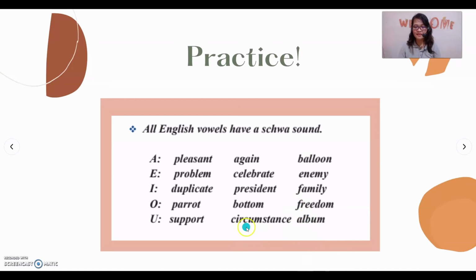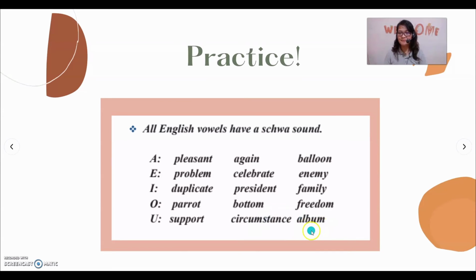Circumstance. So the first syllable is the stressed one. You could play around with it, like you could say circumstance in different ways. Next is album. We don't say it that way.